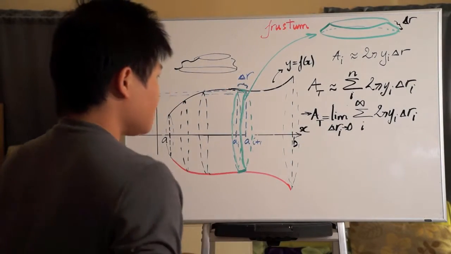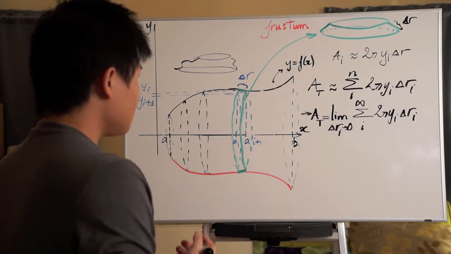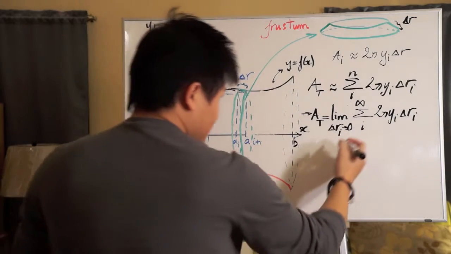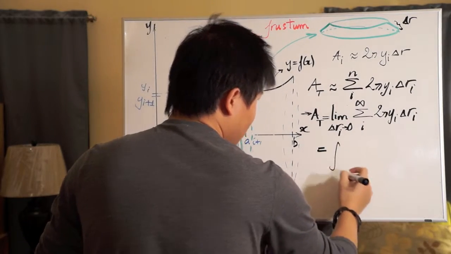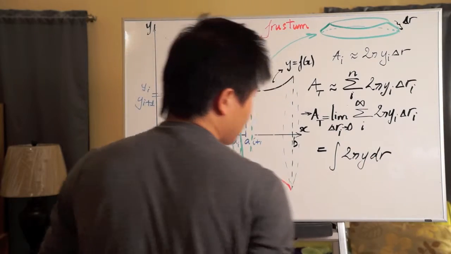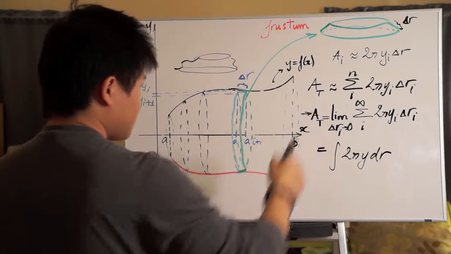Now how do we put it in an integral form? We have this formalization of the integral form. So this is the integral of 2 pi y times dr, and r goes from some value to some value.